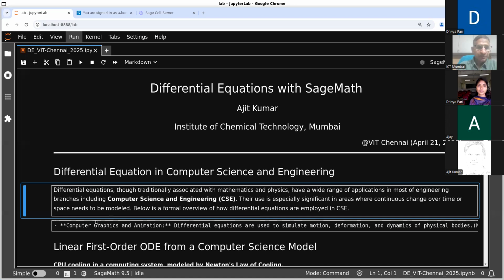So I have listed some applications which can directly be looked at in terms of computer science and engineering. Since all of you wish to be computer science engineers, and your job is also to design software or design mathematical tools, unless you understand differential equations and the solving algorithms, you cannot design.